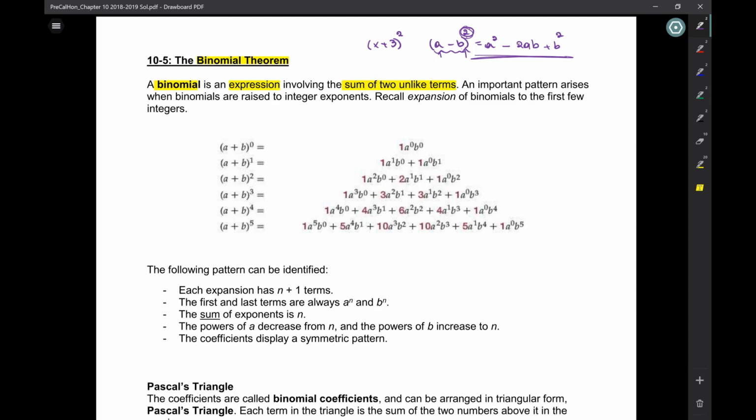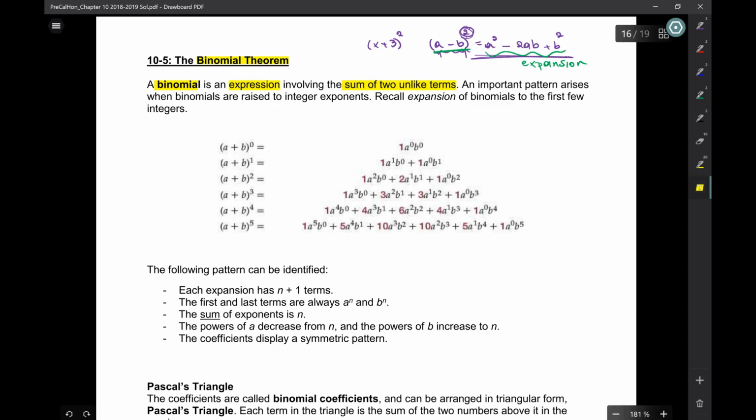When we go from this a minus b squared to this form, we call this the expansion of a minus b squared, okay? So if it's a minus b cubed and we multiply it out and write out all the terms, that's the expansion of it, okay?